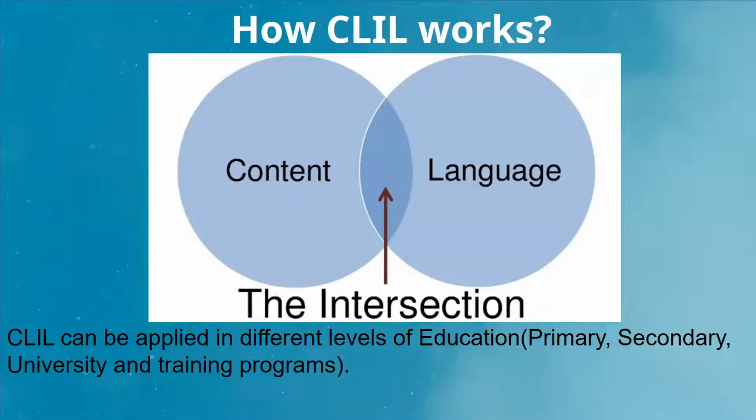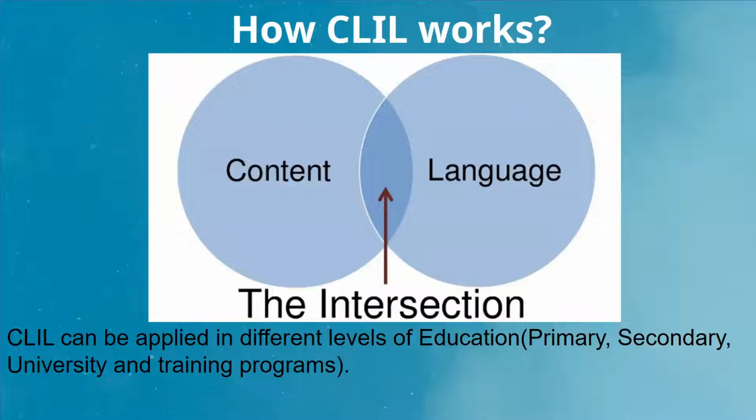So how does CLIL work? In these 2 round pictures, we have 2 ways to learn by the CLIL method. On one side you have content, and on the other side you have language. Because in our native language we learn about many subjects: mathematics, science, geography.